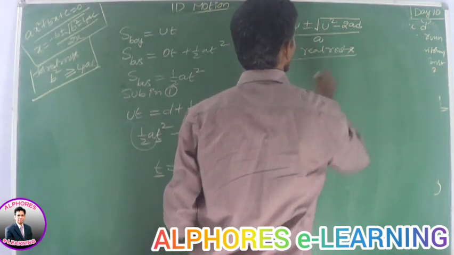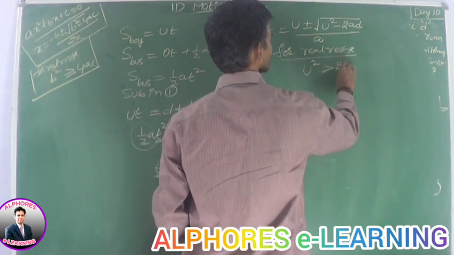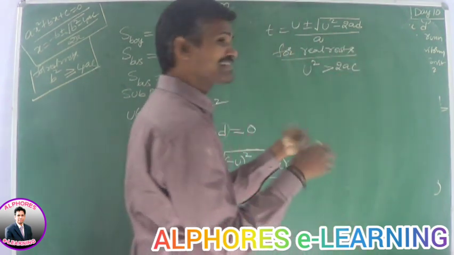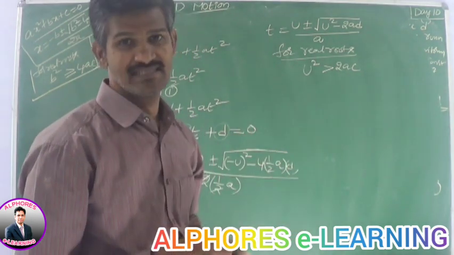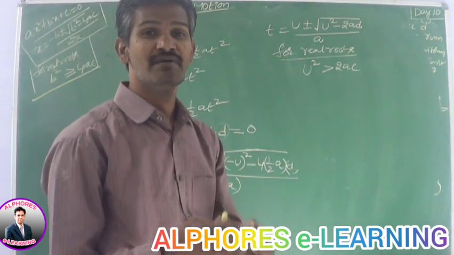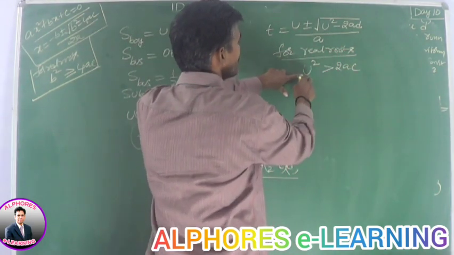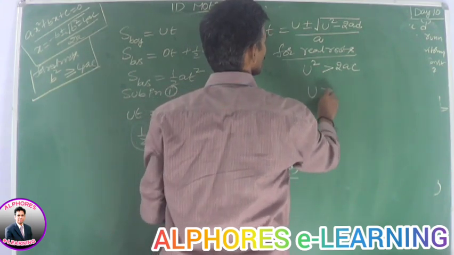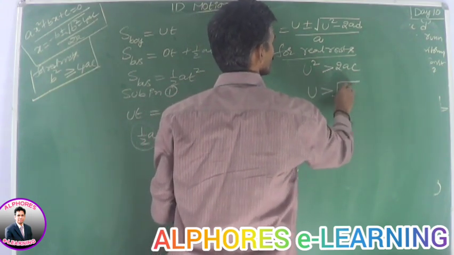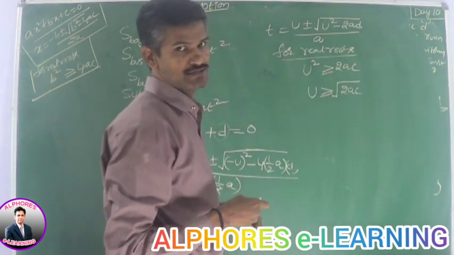So I am going for real roots: u square must be greater than 2ad. Suppose if 2ad is greater than u square, then you will get imaginary terms, and then the time will not be possible. That's why I am going for real roots. For real roots, u square must be greater than 2ad, then u must be greater than under root 2ad. Greater than or equal, you can use equality also.